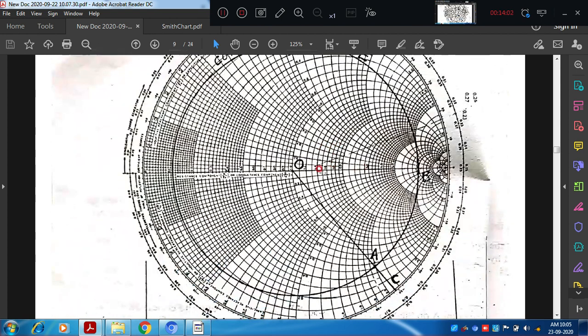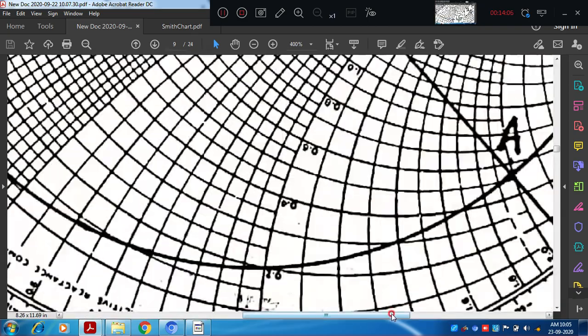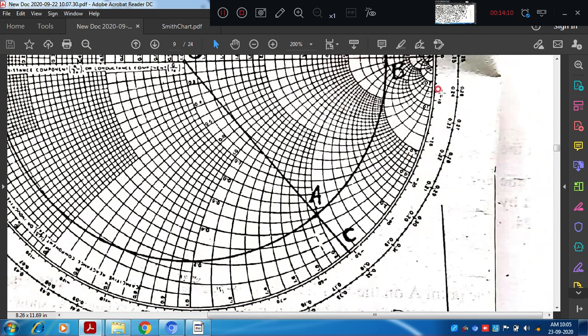Just see here. If I extend this OA line to cut the outermost circle, here we will have the angles. See here, it is starting from -10, -20, -30, -40, -50, -60. Somewhere around it is between -50 and -60.